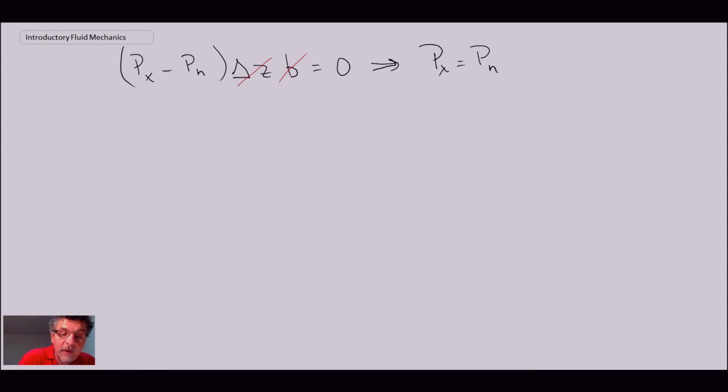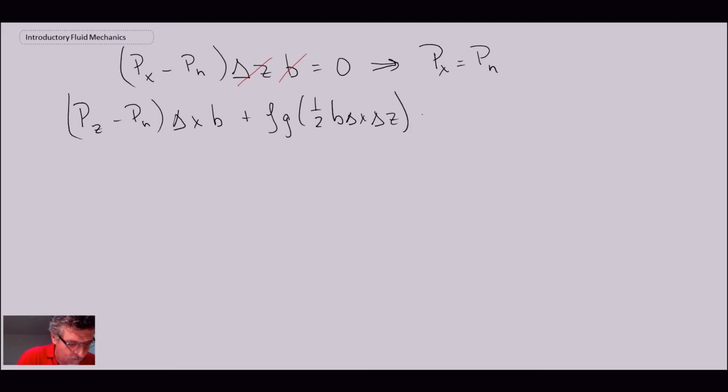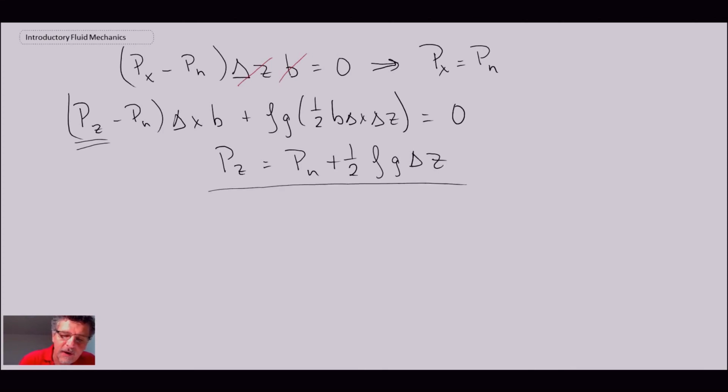And similarly for the Z direction, and that also will equate to 0. So what I'm going to do, I'm going to isolate Pz, and we get this expression here.